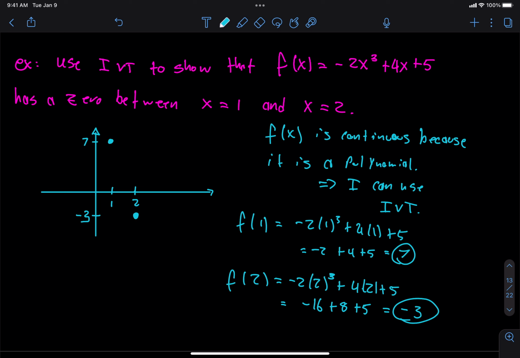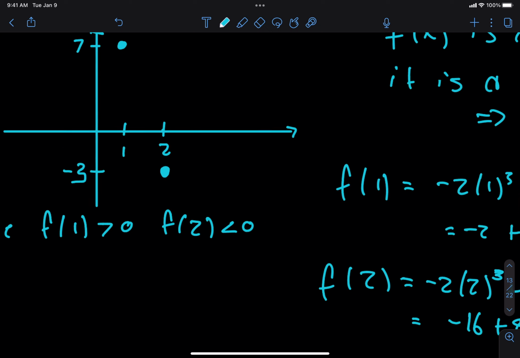Okay, so since f of 1 is larger than 0 and f of 2 is less than 0, there exists, why don't I not use that notation?